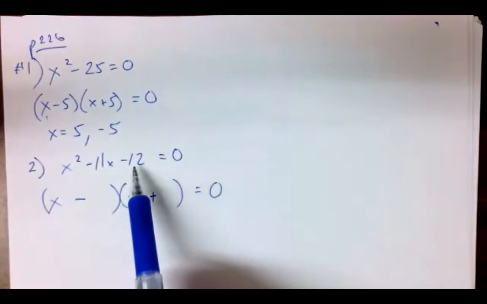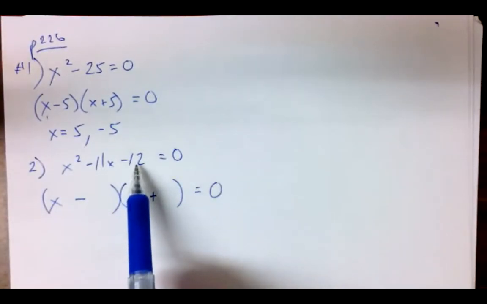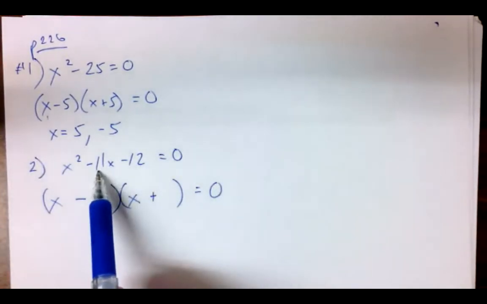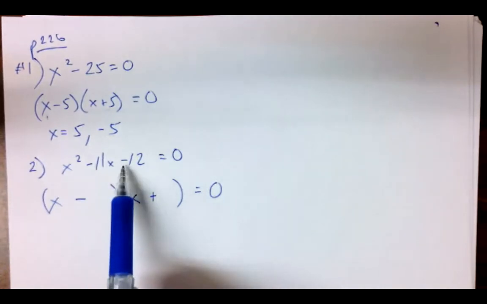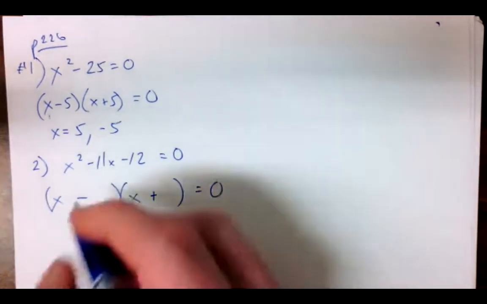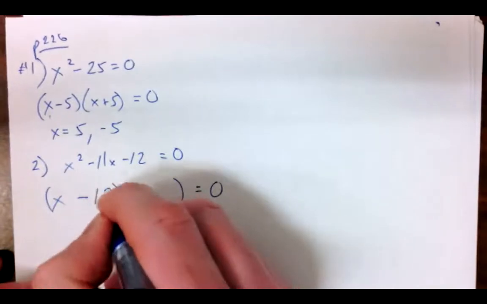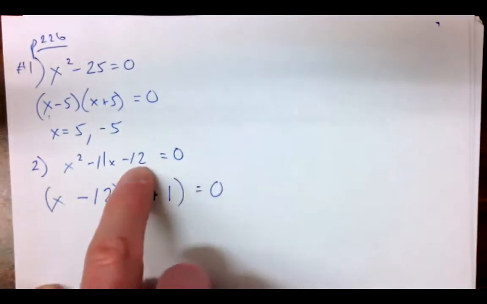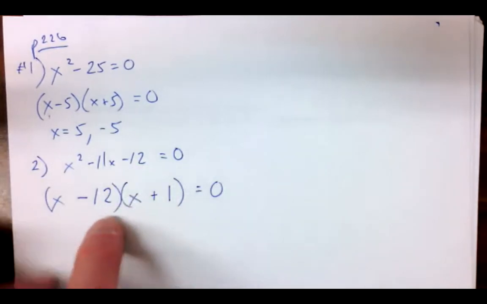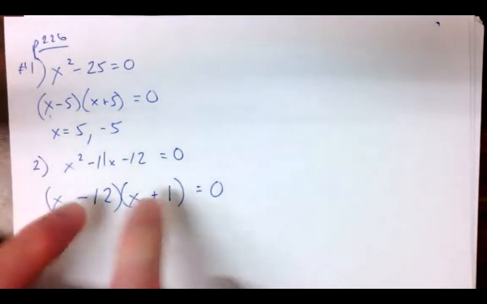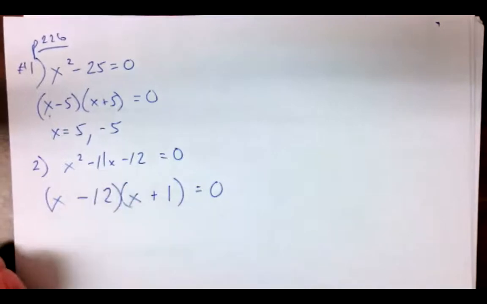Now I have to think of the factors of 12 that have a difference of 11. A negative 11, that's going to be 12 and 1. Negative 12 and positive 1. Negative 12 times positive 1 is my negative 12. But then positive x minus 12x equals negative 11x.